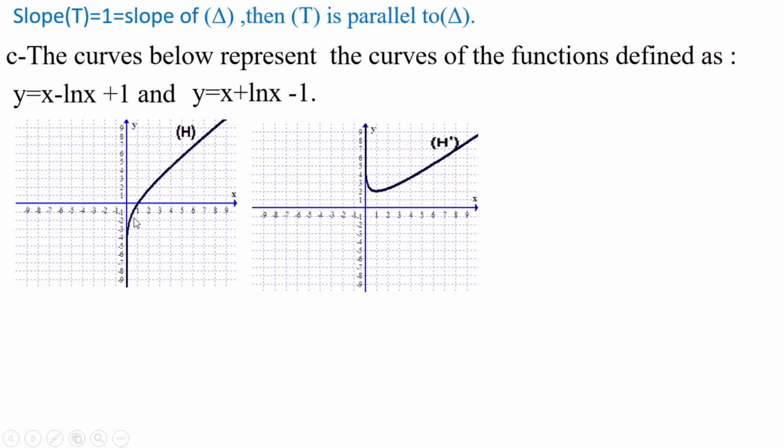Here, in h the curve cuts the x-axis. In h prime the curve doesn't cut the x-axis. With respect to the curve h, it cuts the x-axis at 1. So we should have y of 1 equals 0.